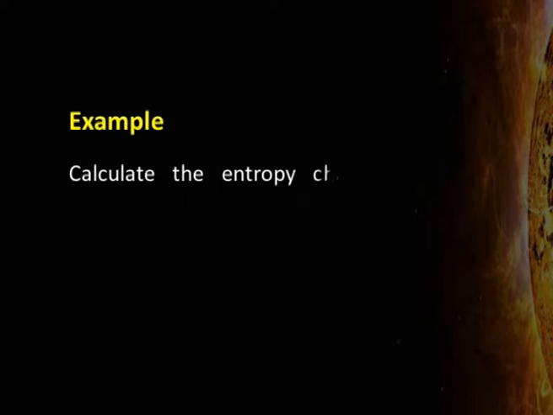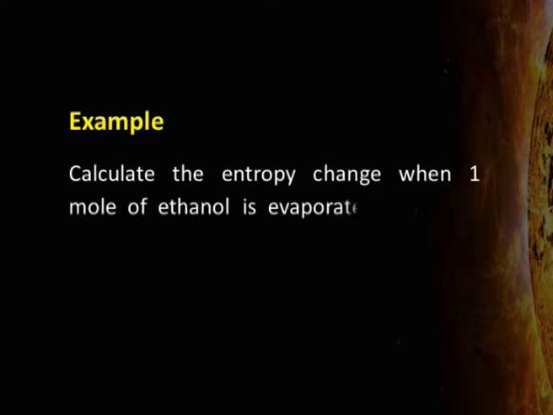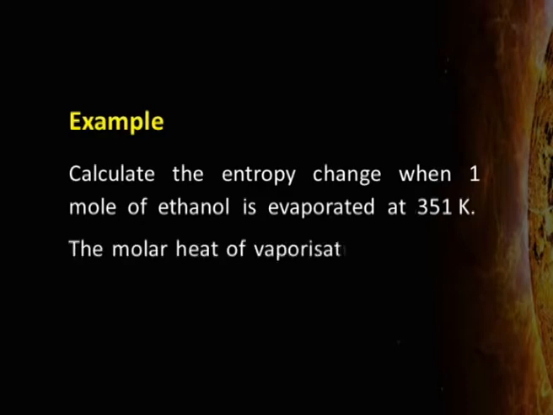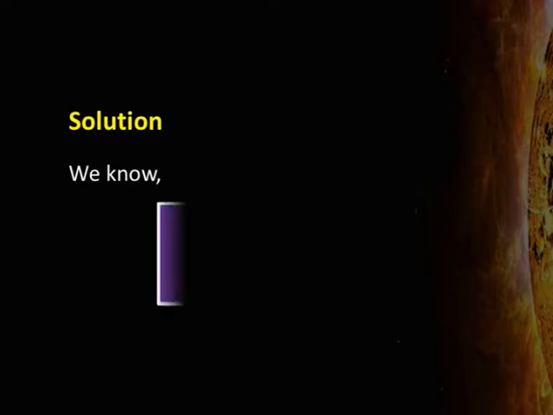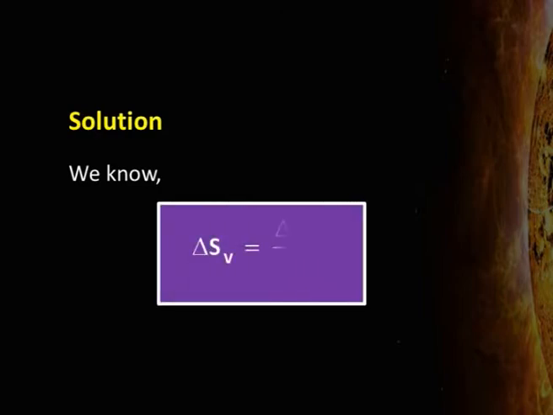Calculate the entropy change when 1 mole of ethanol is evaporated at 351 Kelvin. The molar heat of vaporization of ethanol is 39.84 kilojoules per mole. Now you know that delta SV will be equal to delta HV divided by TB, where delta SV is change in entropy of vaporization, delta HV is molar heat of vaporization, and TB is the boiling point of the substance in Kelvin.